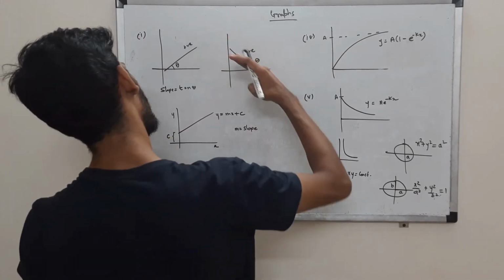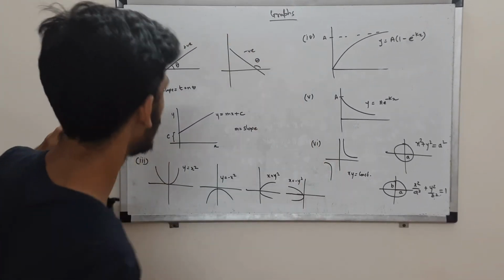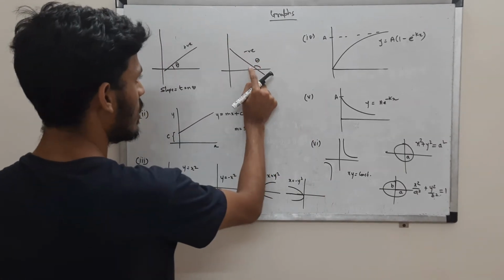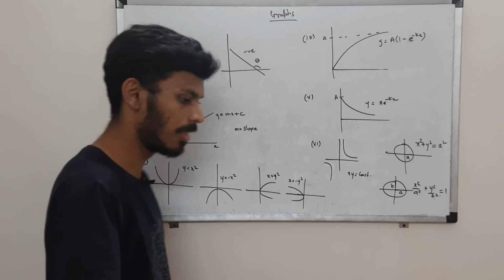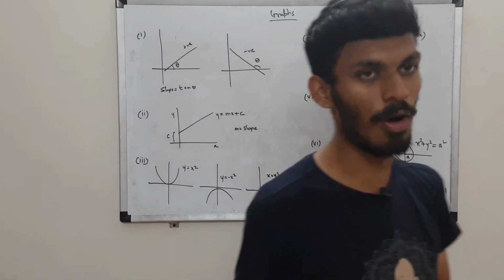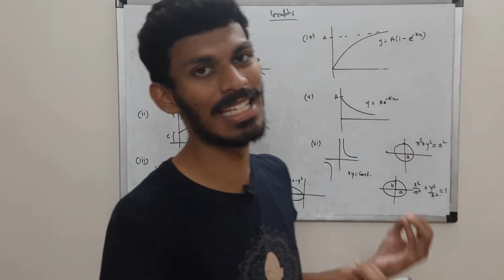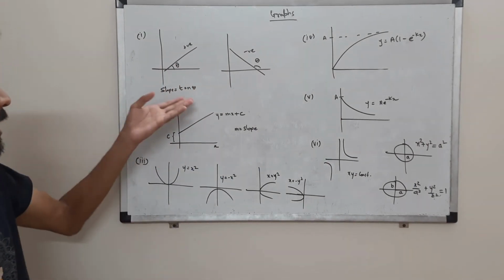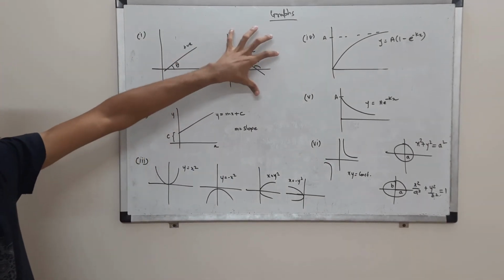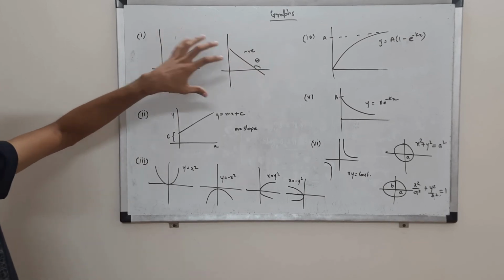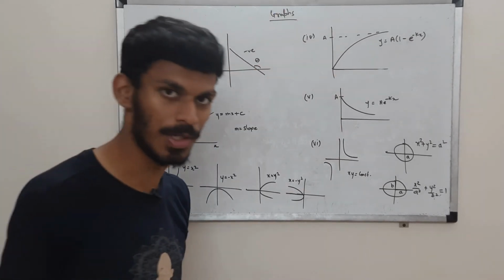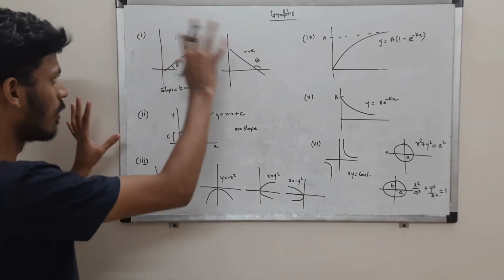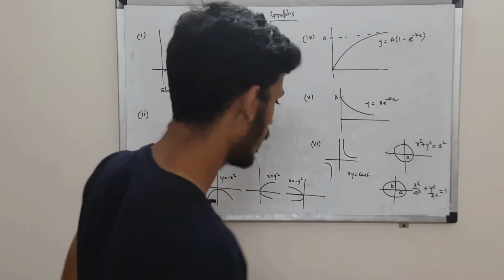Whereas if the line is pointing like this, you can clearly see that the angle is obtuse. The tan of an obtuse angle, which lies in the second quadrant, is negative. So here the value of the slope will be negative. So the slope is positive when the line is like this, and negative when the line is like this. That is one interpretation you can make.